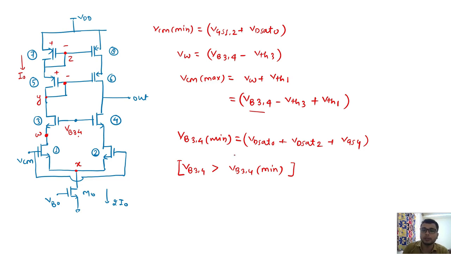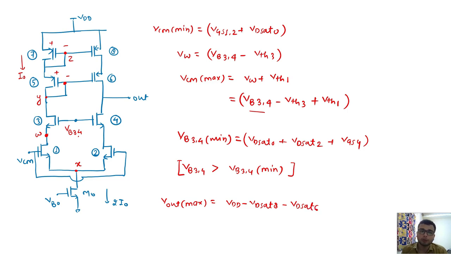Now if we go to the output swing calculation, what is the maximum value of output that we can see? The maximum value of output is directly defined by VDD minus overdrive of device 8 minus overdrive of device 6.